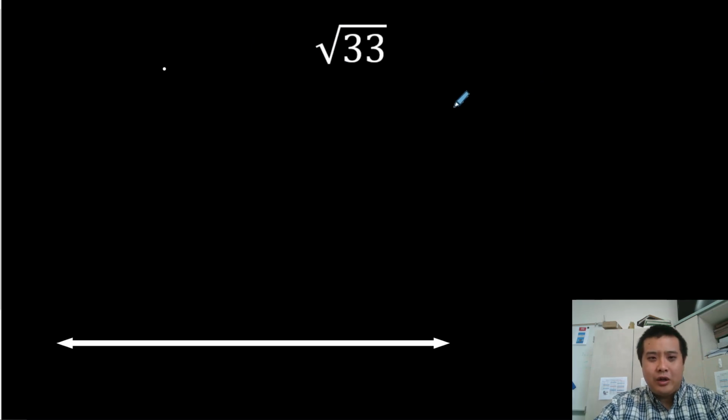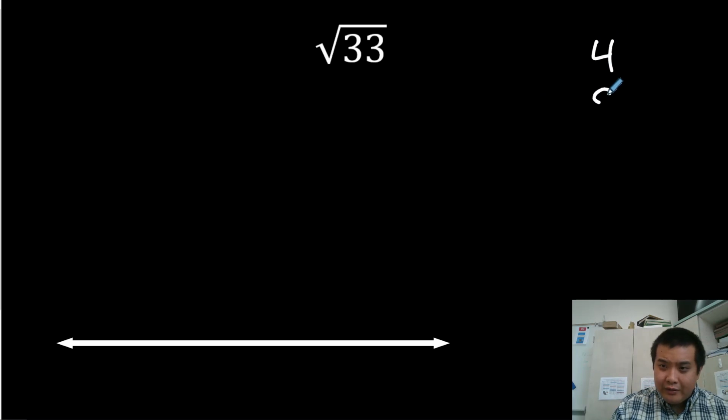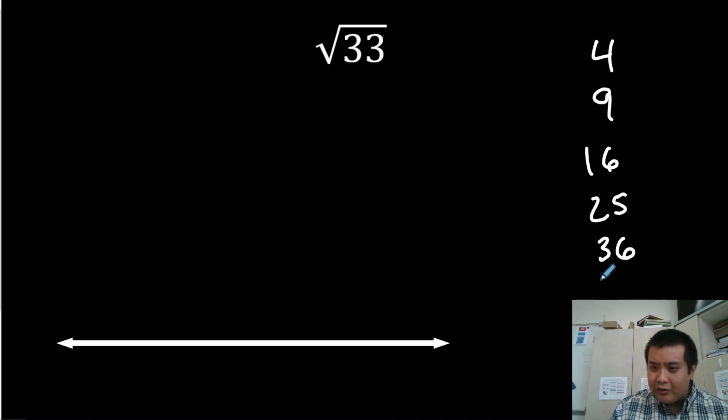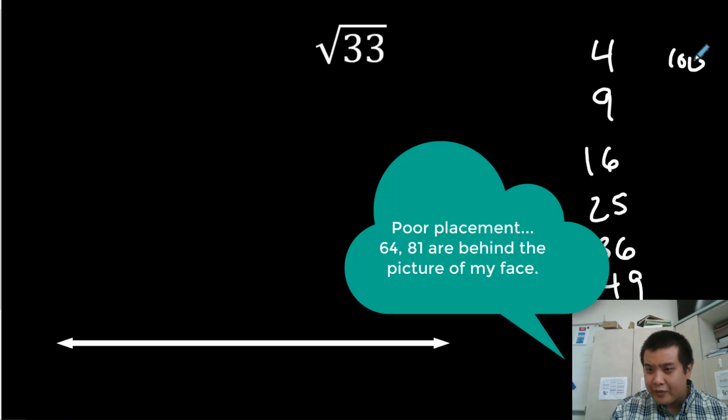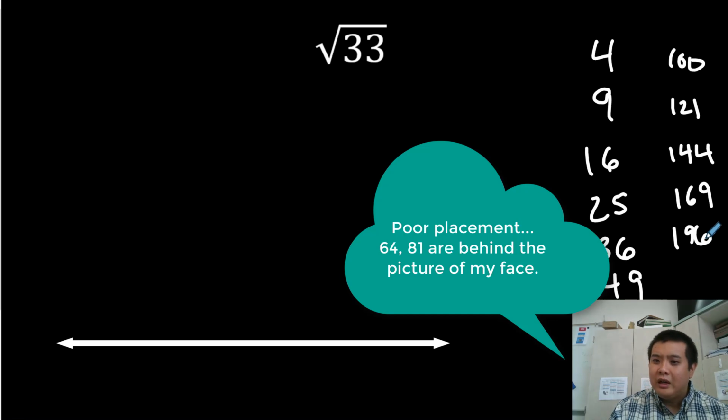Okay, so our perfect squares include 4, 9, 16, 25, 36, 49, 64, 81, 100, 121, 144, 169, 196, okay, and so forth and so on.